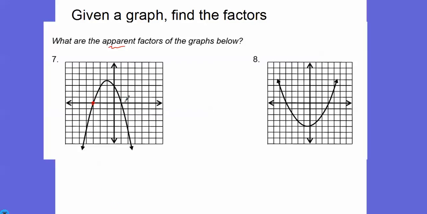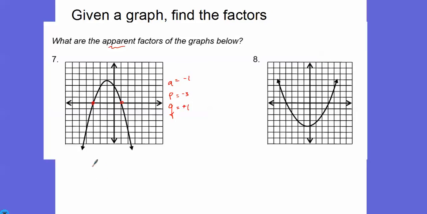Here and here are my roots. Remember that this is negative 3, so for the a value, the p value, and the q value, p could be equal to negative 3, q can be equal to positive 1, and the a value we see is going to be negative 1.